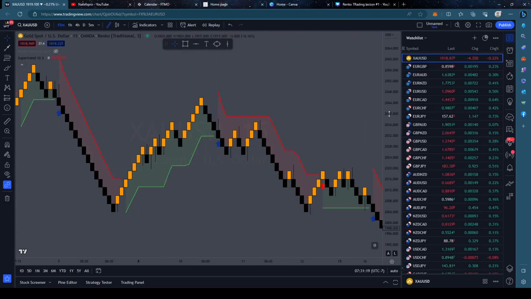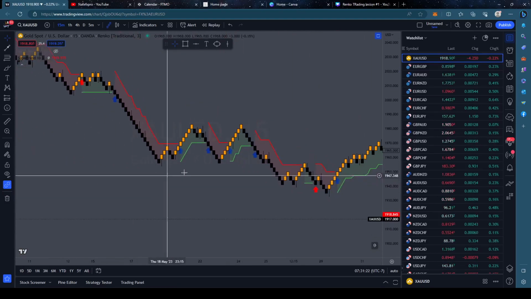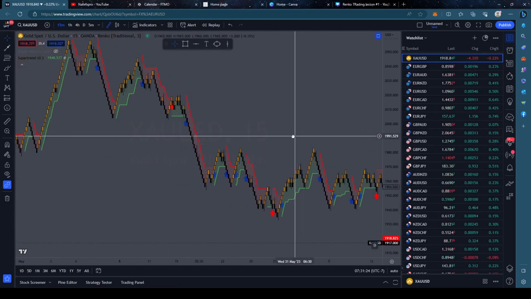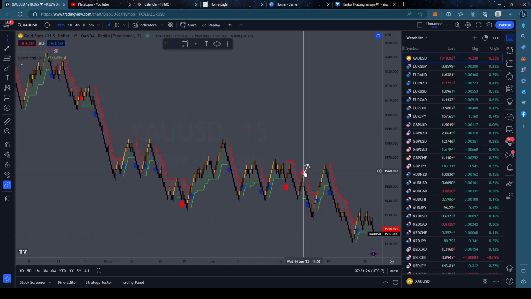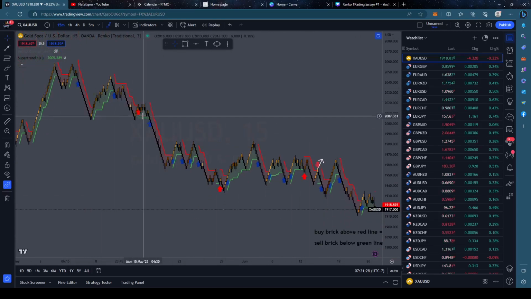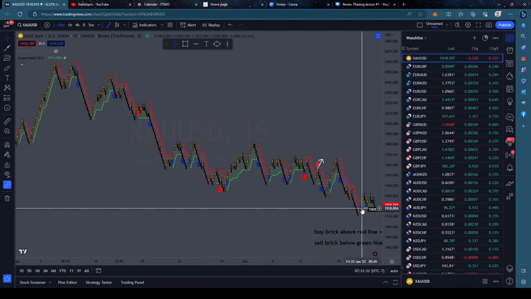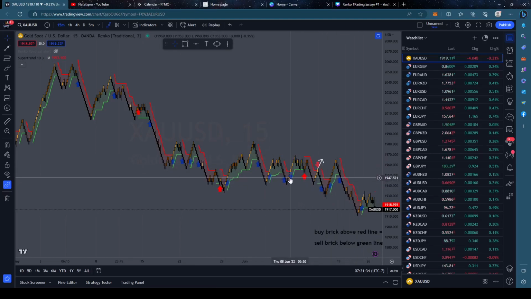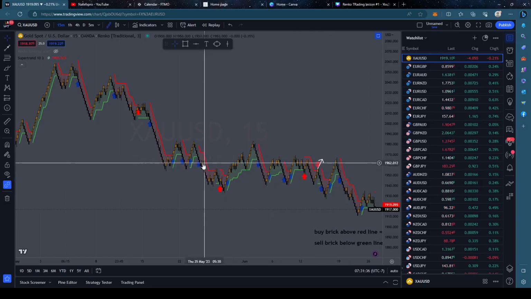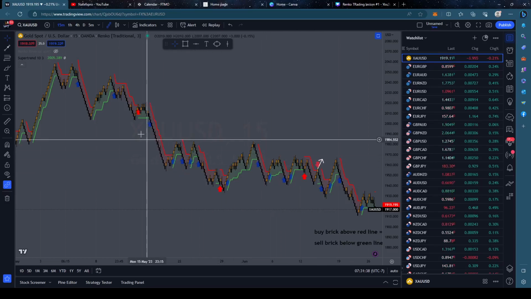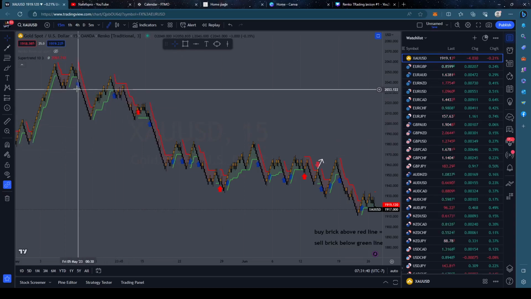So I just wanted to backtest like 19, 20 trades. But out of the 20 trades, or 19 if I miscounted, we lost on a total of 4, and we won on a total of 15.